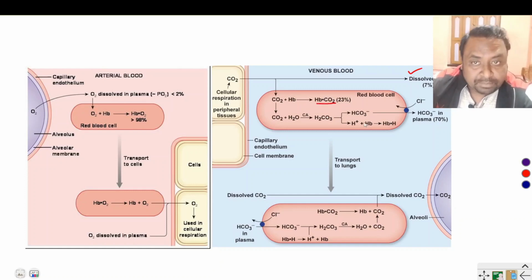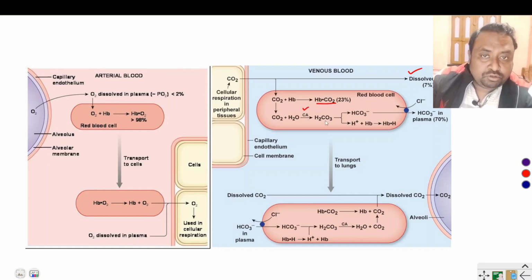And 70%, in the presence of carbonic anhydrase, produces H2CO3, bicarbonate ion and H plus. Then it is transferred through the RBC.